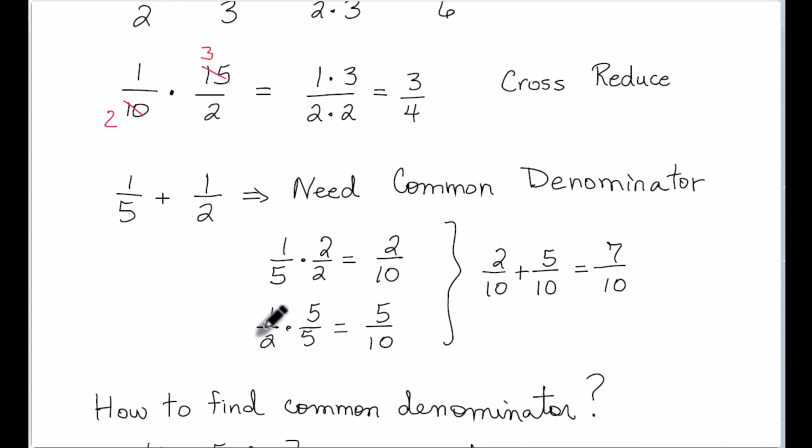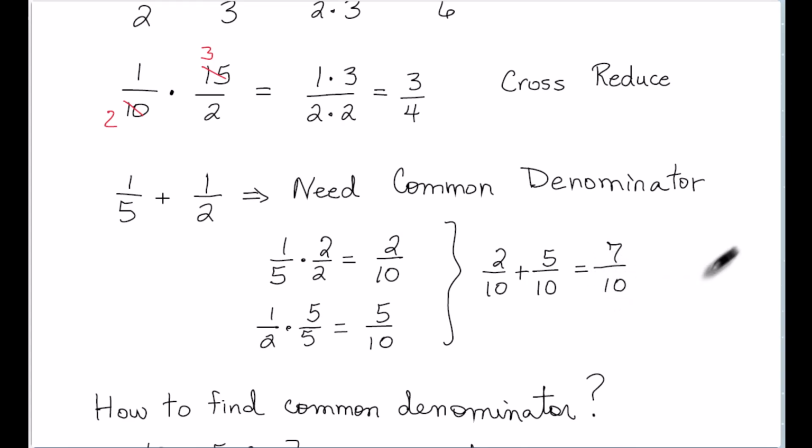If I take 1/2 and I multiply that by another form of 1, which is 5 over 5, I get 5 over 10. Now that I do have the same denominator, I can add the two fractions. The common denominator stays the same, and I simply add together the top part.